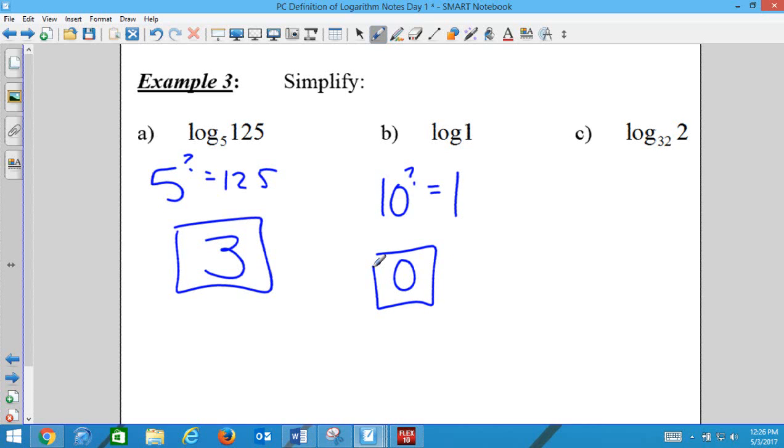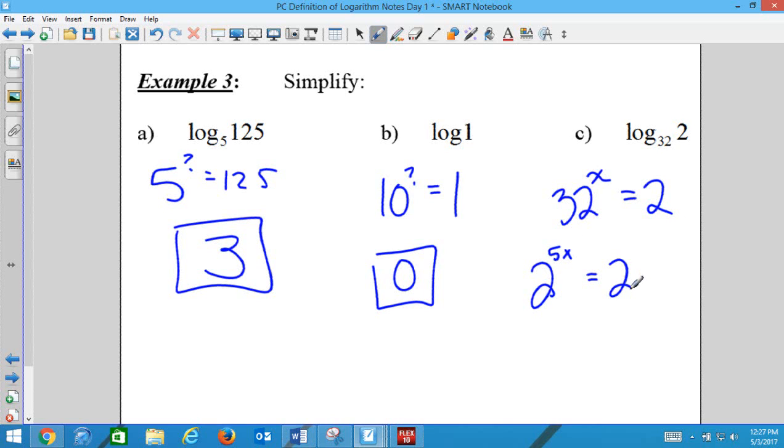And the next one is 32 to some exponent is equal to 2. All right, let me work through this one. Let's do this like we did last night's last page of notes assignment. 32 is a prime number to an exponent. What is it? 2 to the 5th, and then there's already an x up there. So it's 2 to the 5x.